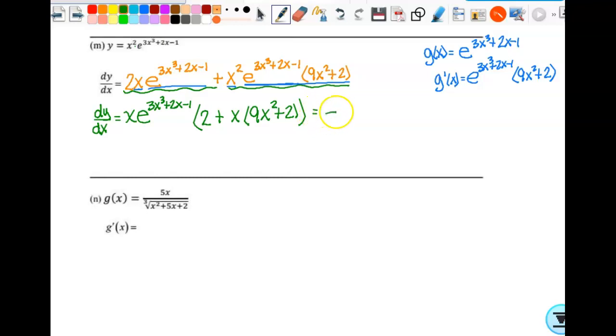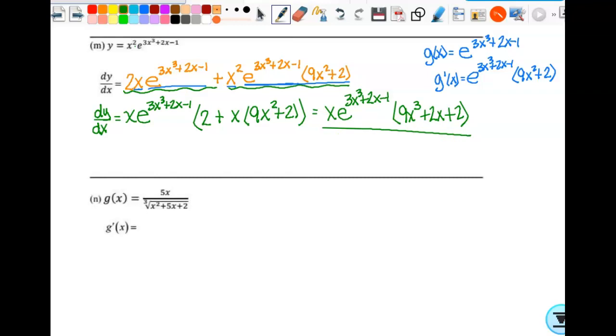So this becomes x times e to the 3x cubed plus 2x minus 1 power times, so this would give me 9x cubed plus 2x plus 2.